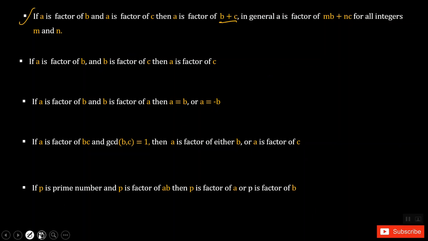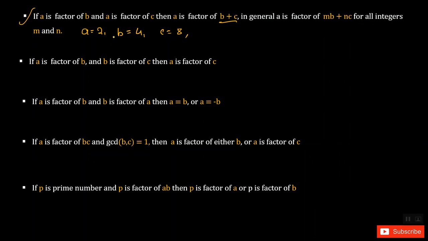Let me take an example, the value of A as 2, B as 4, and C as 8. A can divide B, A can also divide C, that is 4 is divisible by 2 and 8 is also divisible by 2.